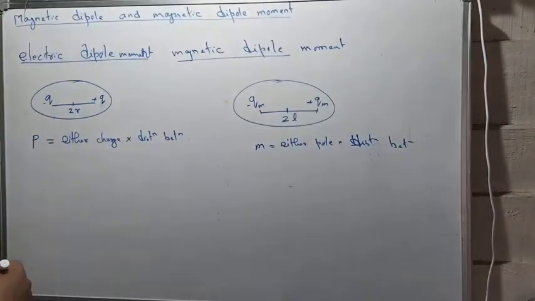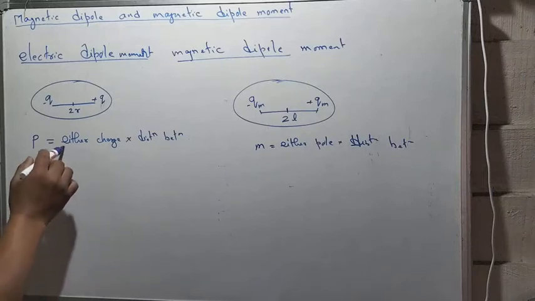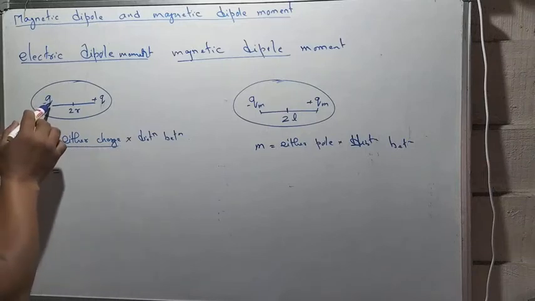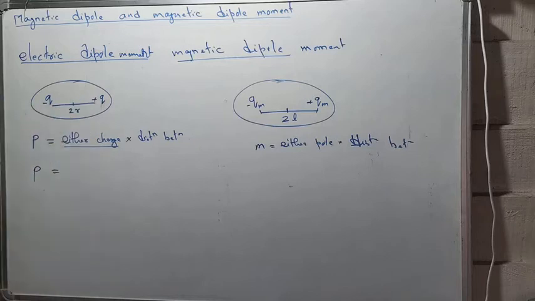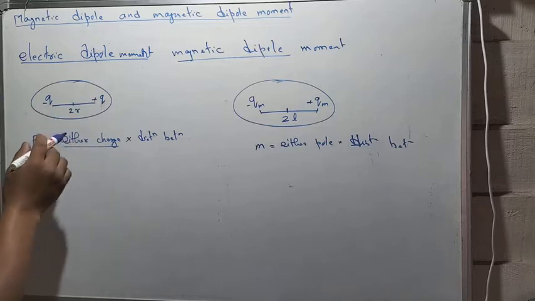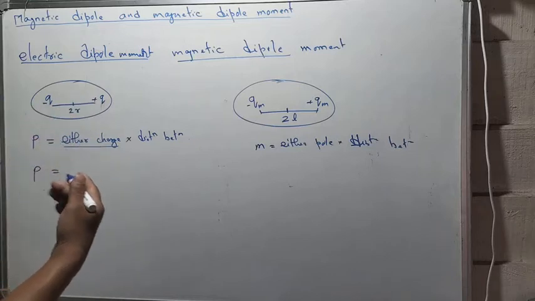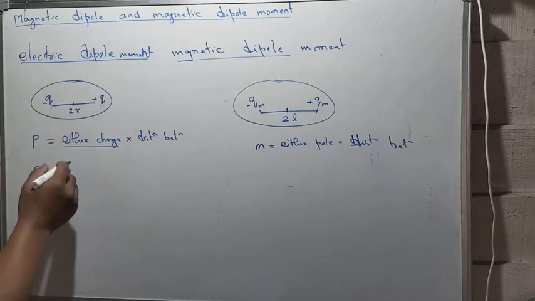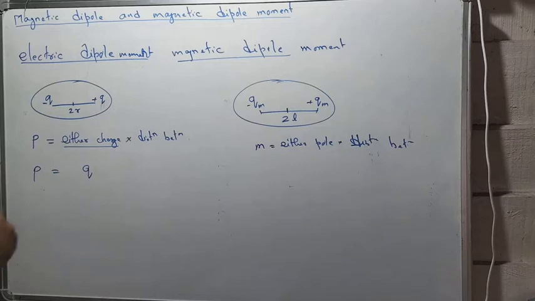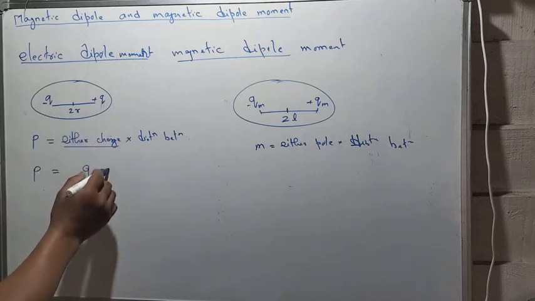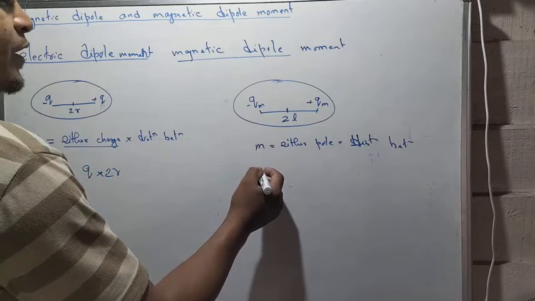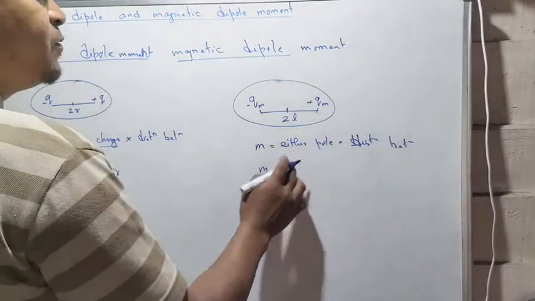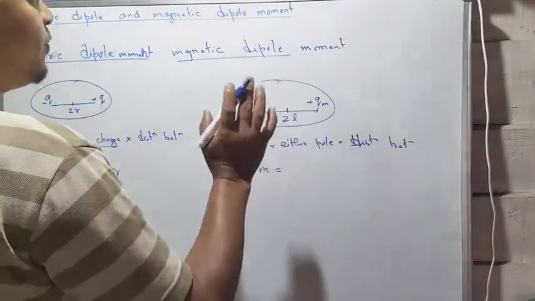Okay. Now, for this P, when I say either charge, it means either minus Q or plus Q. So when I say either charge, it means you are considering only the amount or the magnitude of the charge. So that is Q. What is the distance between them? It is 2R. So likewise, in this case, either pole means minus Qm or plus Qm.